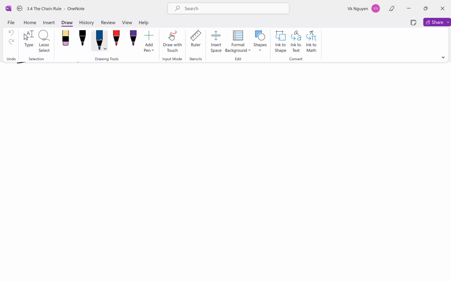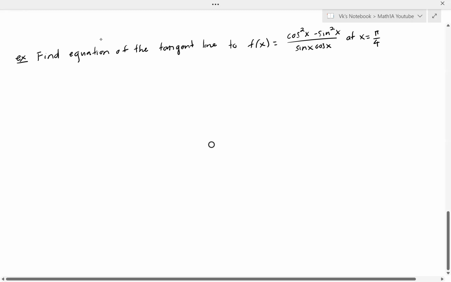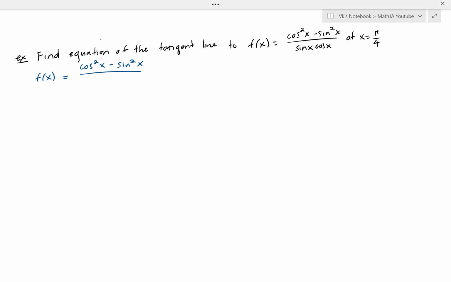To do this problem, the first thing is to simplify. f(x) is cosine squared x minus sine squared x over sine x cosine x. Cosine squared minus sine squared is cosine 2x, over sine x cosine x, which is half of sine 2x.